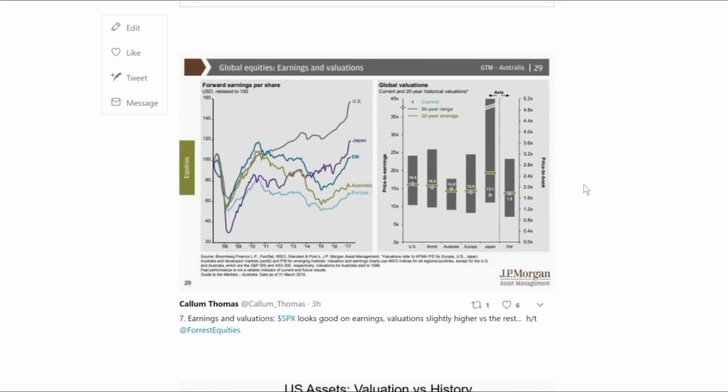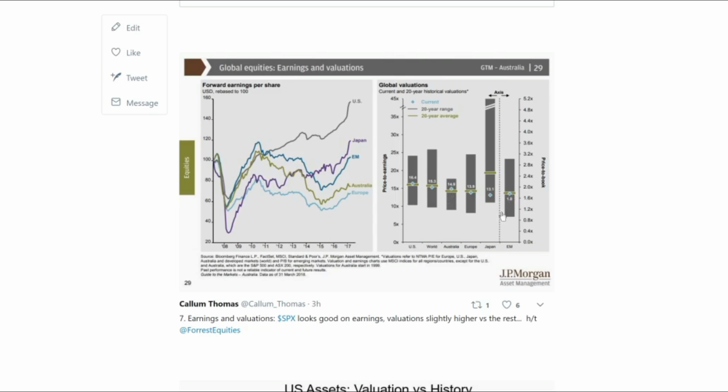This one here has got a picture of earnings and valuations, and you can see there that across these countries, so we've got Japan, emerging markets, Australia, Europe, alongside US. US is clearly good, and that boost from the tax cut. But then you've got Japan doing all right as well. I mean, Japan didn't get tax cuts. Same thing with emerging markets and Europe. All trending in a pretty decent direction here, and that reflects the global synchronized strength, particularly in developed economies.